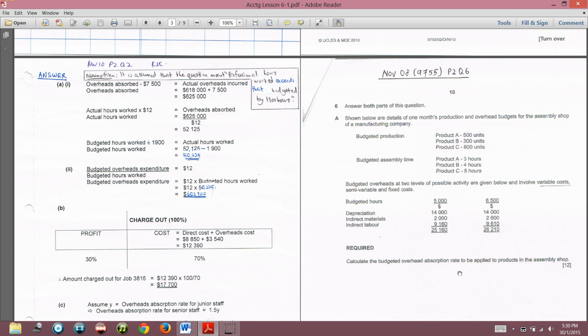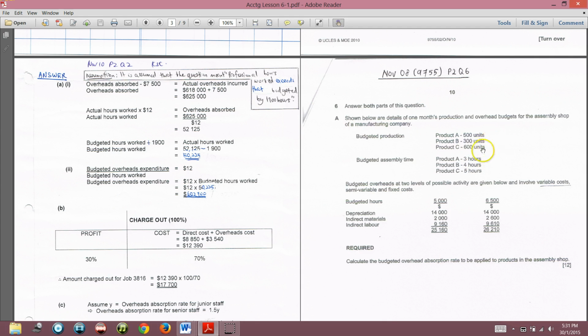absorption rate? Now you have already understood that the overhead absorption rate is derived at the beginning of the year, or even before the year starts, from budgeted information: from budgeted fixed overhead and budgeted hours.